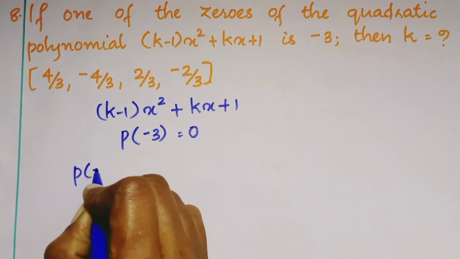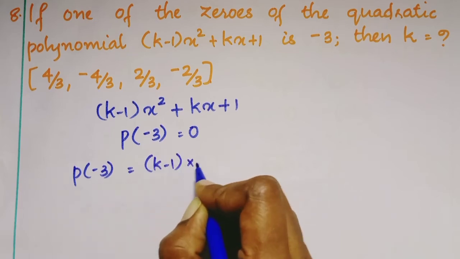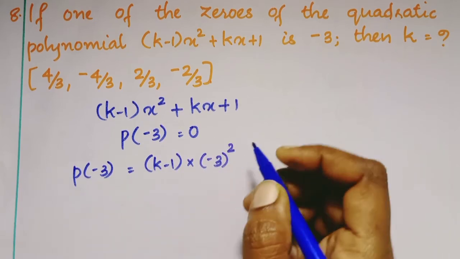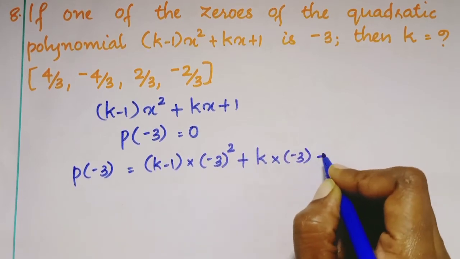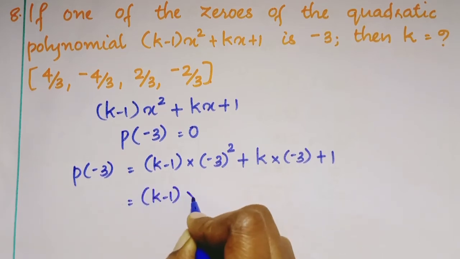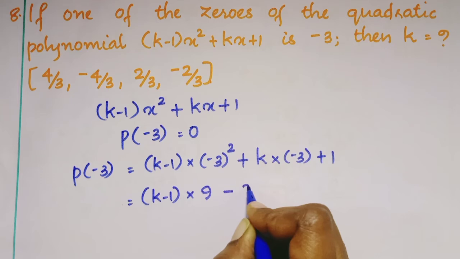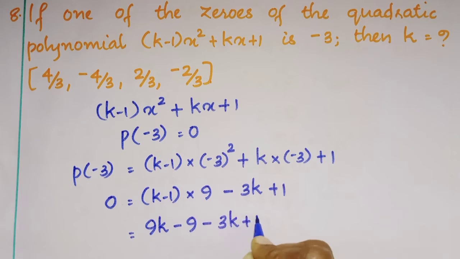So p of minus 3 is equal to (k minus 1) into (minus 3) the whole square plus k into minus 3 plus 1. Then (k minus 1) into 9 minus 3k plus 1 equal to 0. That's equal to 9k minus 9 minus 3k plus 1 equal to 0.